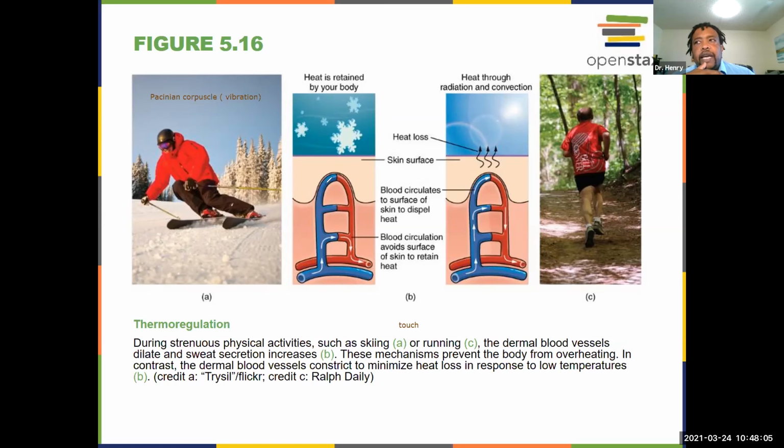When it's cold outside, we close down these blood vessels and keep others open. So it's controlled in that sense as well. In addition to sweat helping cool us off, the way our blood circulates also plays a part. Does that make sense?